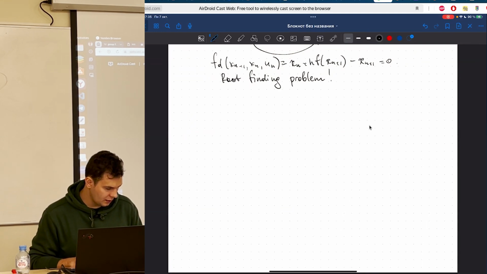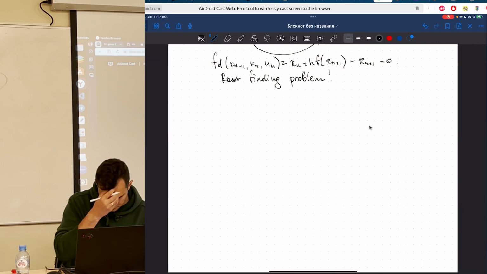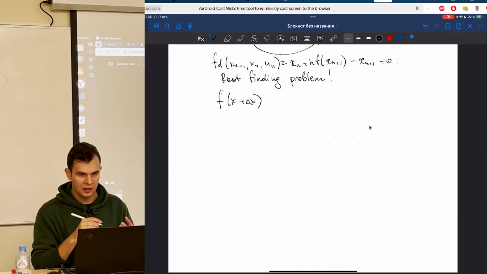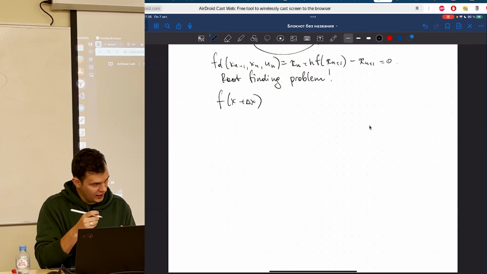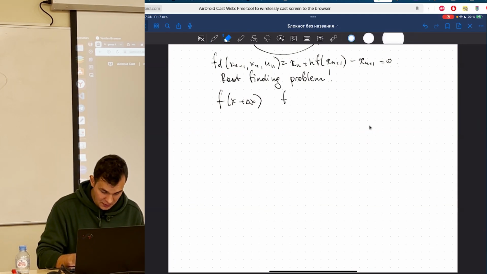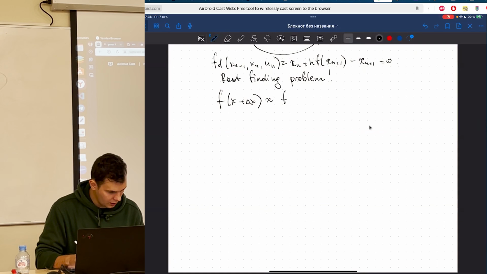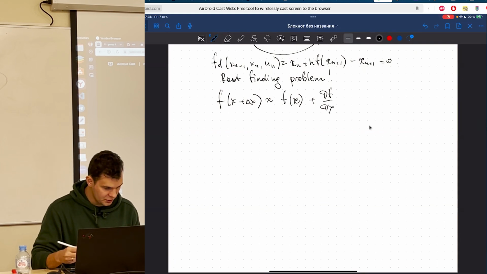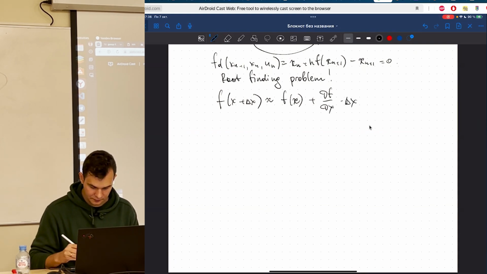The idea is that for the discrete system, f of x plus delta x, like the new value of some function, will be its approximation: the previous value plus partial derivative times delta x.